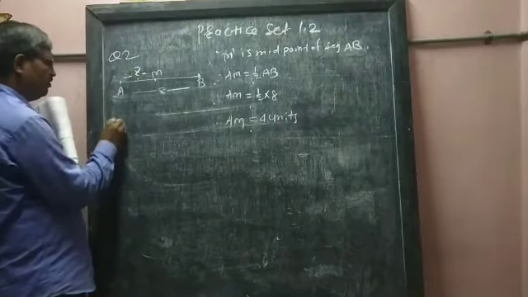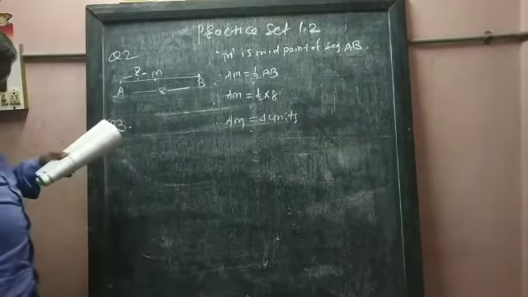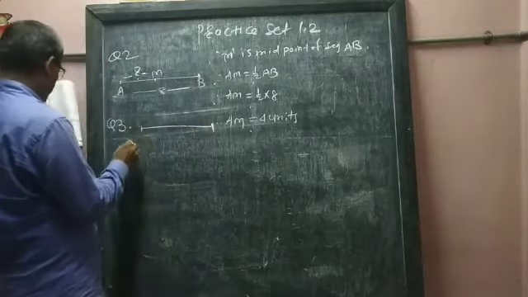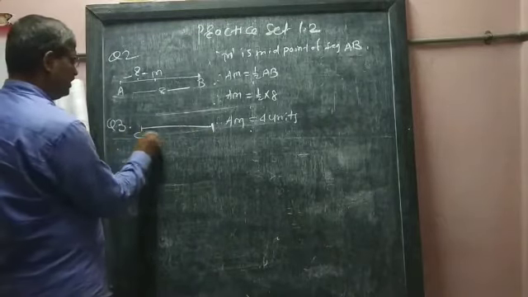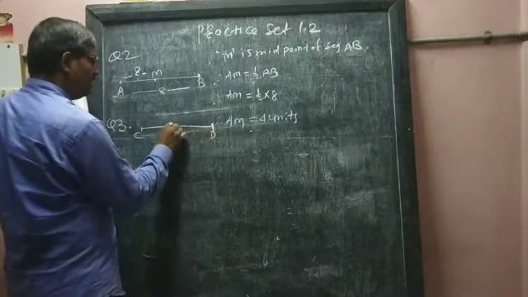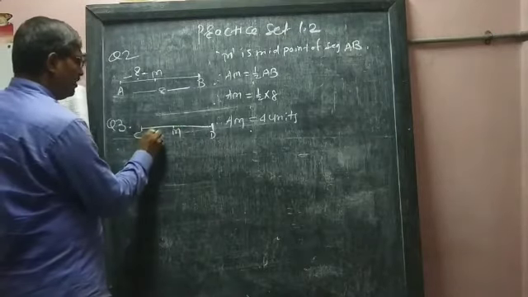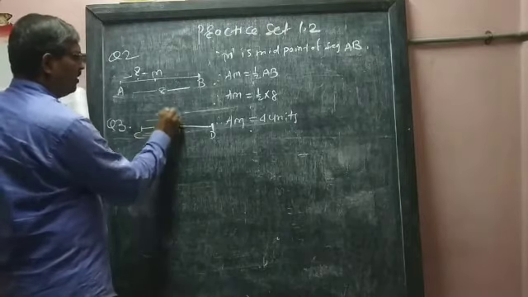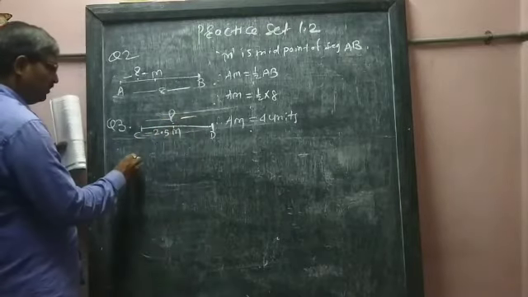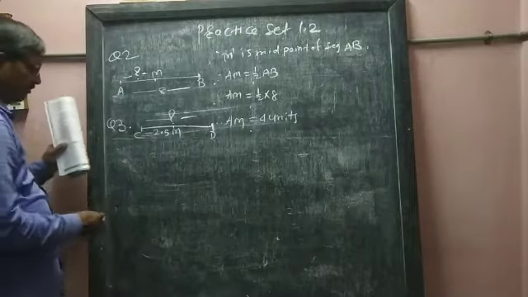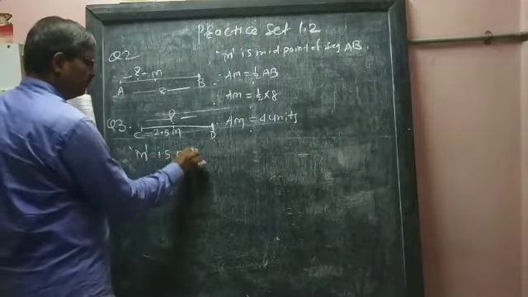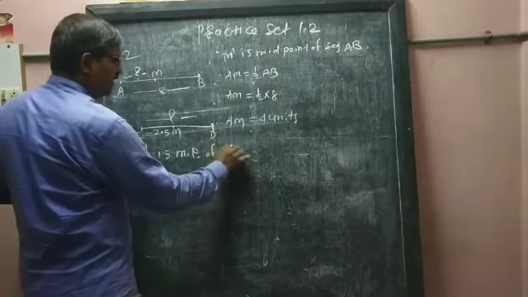Now we will find question number 3. Here, CD is a segment in which M is the midpoint, and CM is given as 2.5. You have to find CD. So let me write in a similar way. M is the midpoint of seg CD.